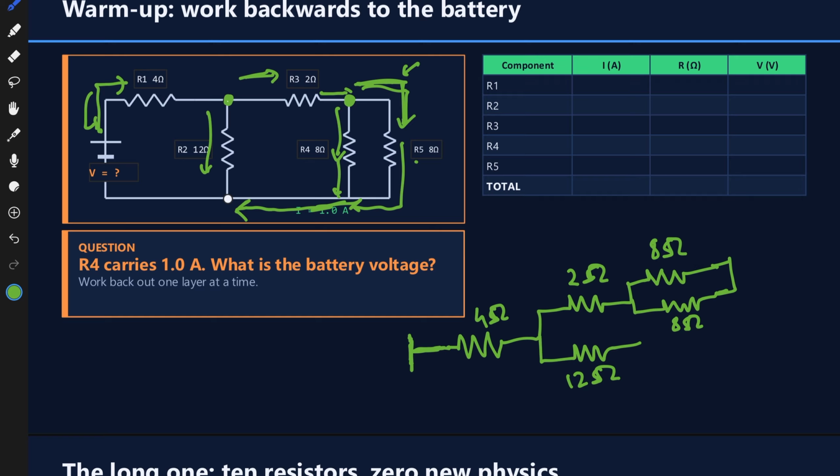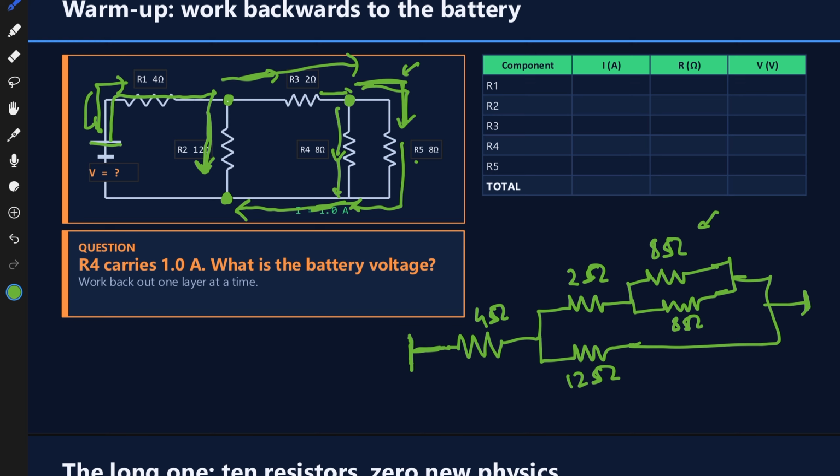So there's two ways you could have reached this spot. If you went from here, you went along the 4 ohm, you could have directly gone downwards. Or you could have gone all the way around, but you could have still reached the same spot. So the 12 ohm resistor is going to intersect with the current from these two, but all the way at the end at this node here. Okay. And then that's your circuit.